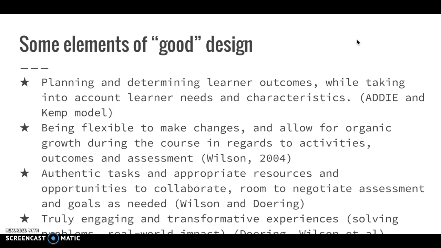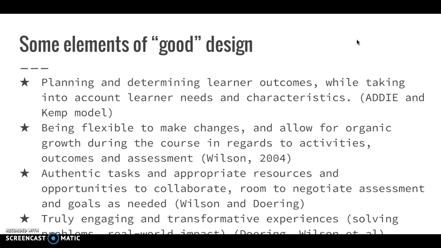Another thing I found was really interesting and I think very true is that we have to allow for certain freedom, especially in online courses and obviously face to face as well. But in online courses, we have to be flexible in regards to the activities, the objectives, the assessment that we've planned, because things can change along the way.